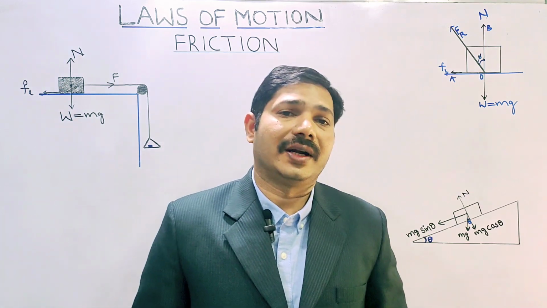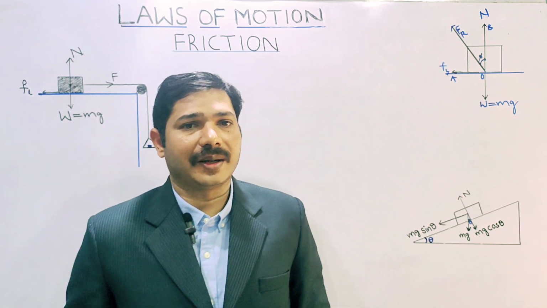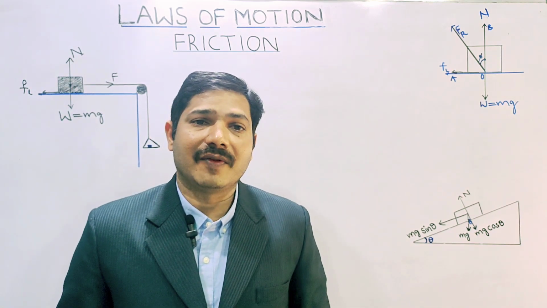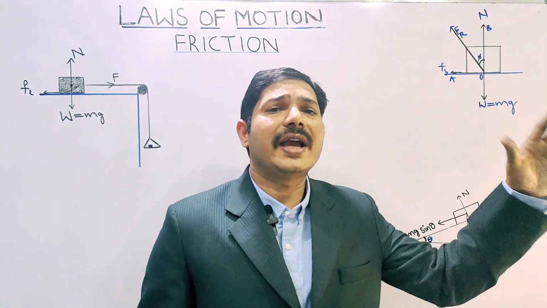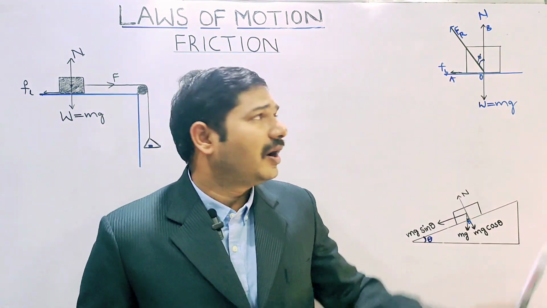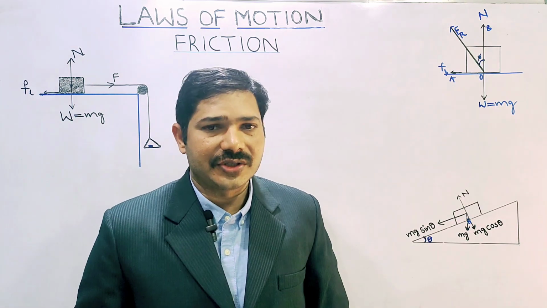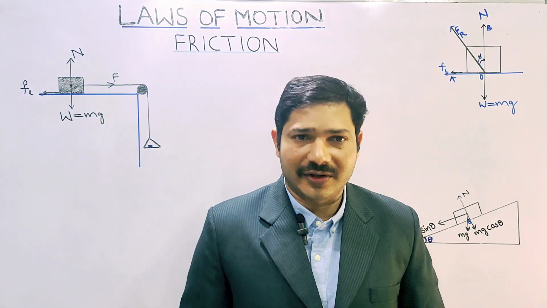That force is called the normal reaction, denoted by the symbol N. So this body at rest means the weight of the body and the normal reaction are balanced. That is why the body is in equilibrium.